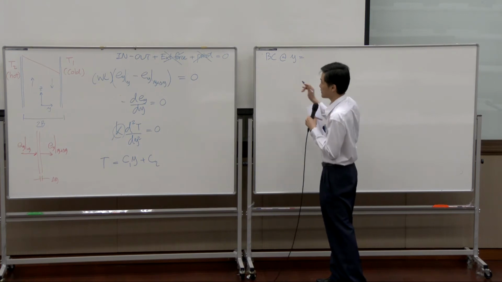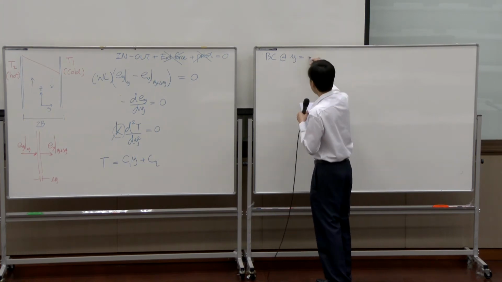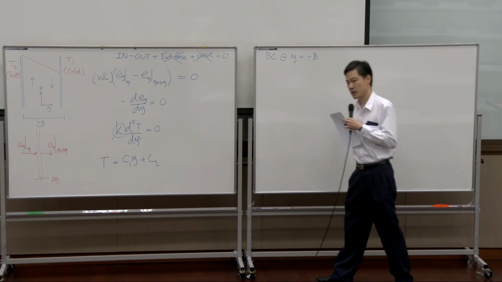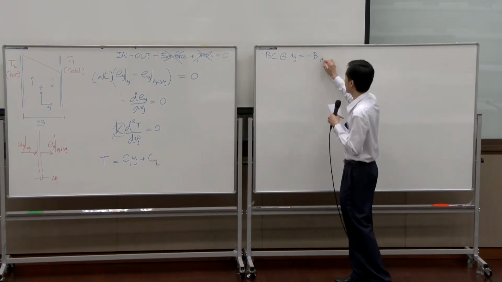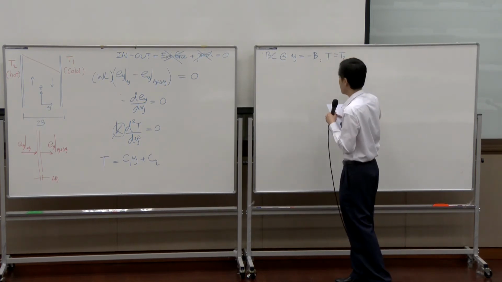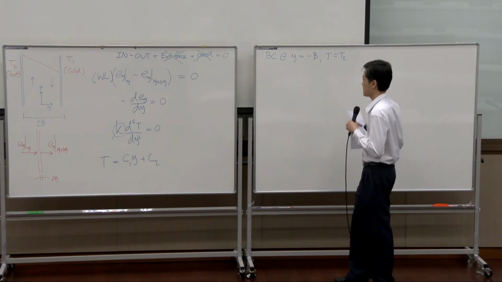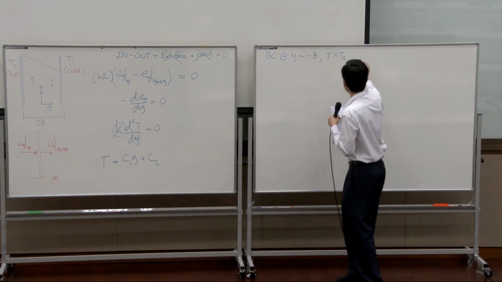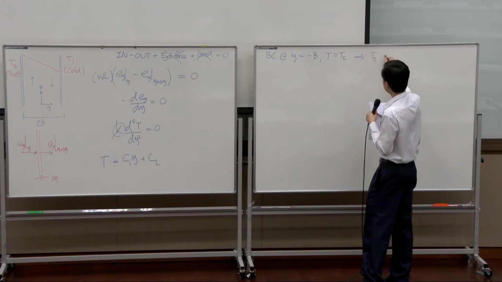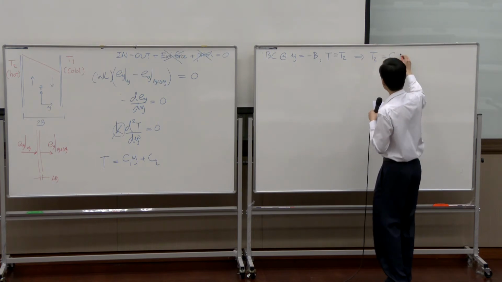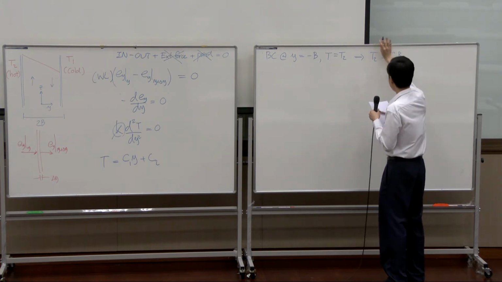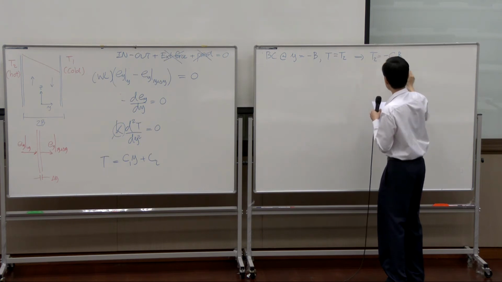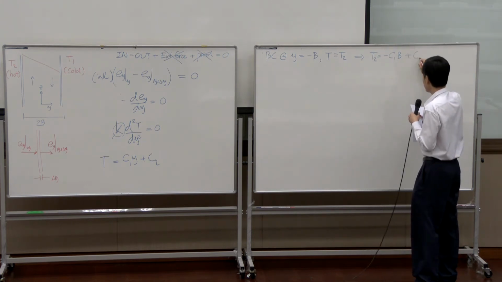So on the left-hand side, that's y equal to minus b. Okay? Temperature is equal to T2. So I will have T2 equal to C1 times minus b plus C2.